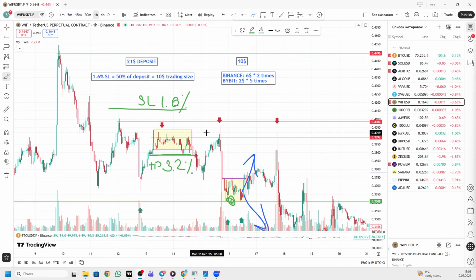So the rule is we add only inside the 0.4% zone. If the price leaves the zone and goes into profit, we do not add more, because otherwise your entry point shifts and you worsen your average price. If it already moved into profit, that's it, you are in position.